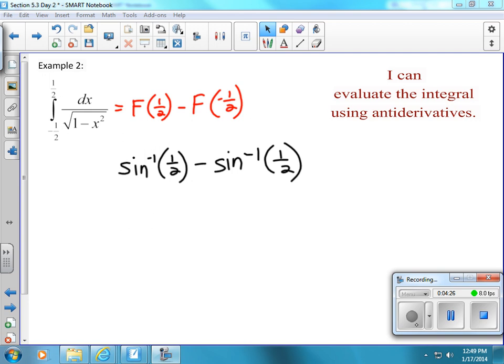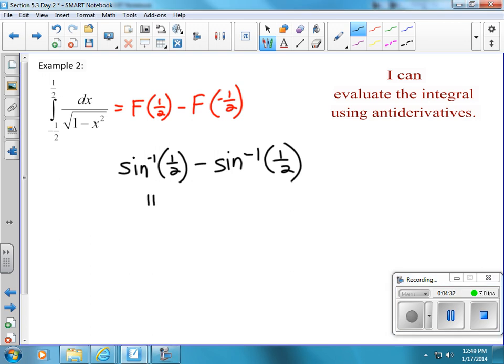So you can put this in your calculator or know from your 30, 60, 90 degree triangle that the angle where sine is equal to 1/2 is pi over 6, and where sine is negative 1/2, that should be a negative there.